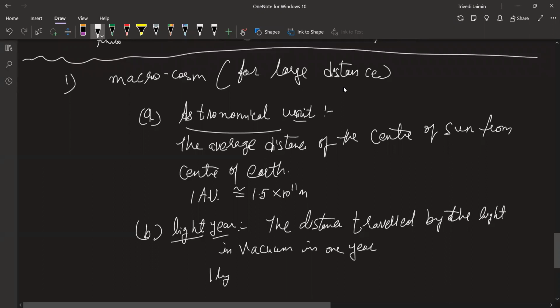So 1 LY, light year, equals 9.46 into 10 to the power 15 meter.